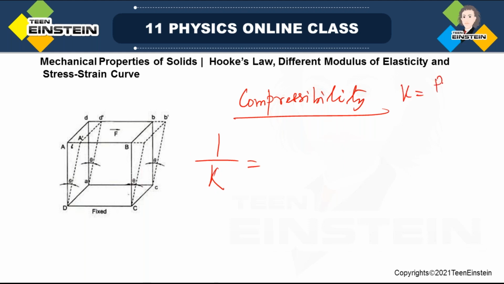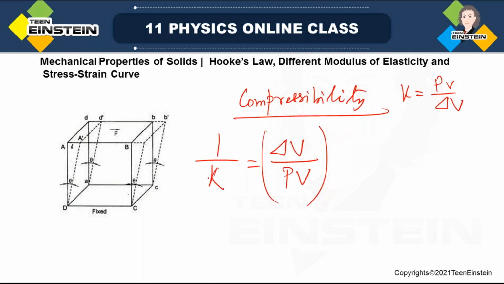We know bulk modulus is PV by delta V. Now the compressibility will become delta V by PV.